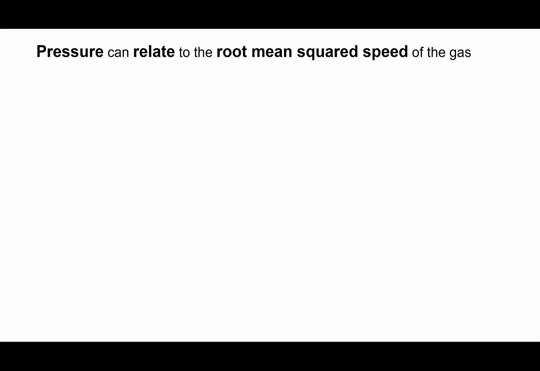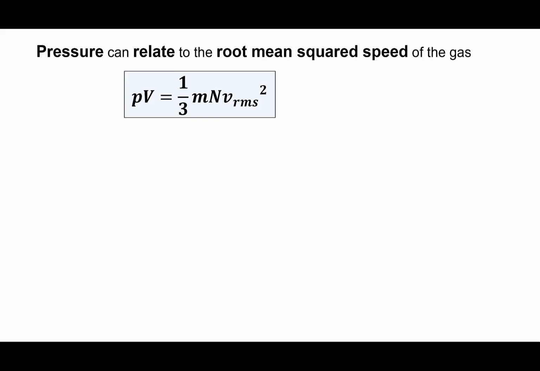Pressure can be related to the root mean square speed of the gas. PV equals 1 over 3 times mass times number of molecules times Vrms squared. By rearranging the equation, we get P equals 1 over 3 m N Vrms squared over volume.